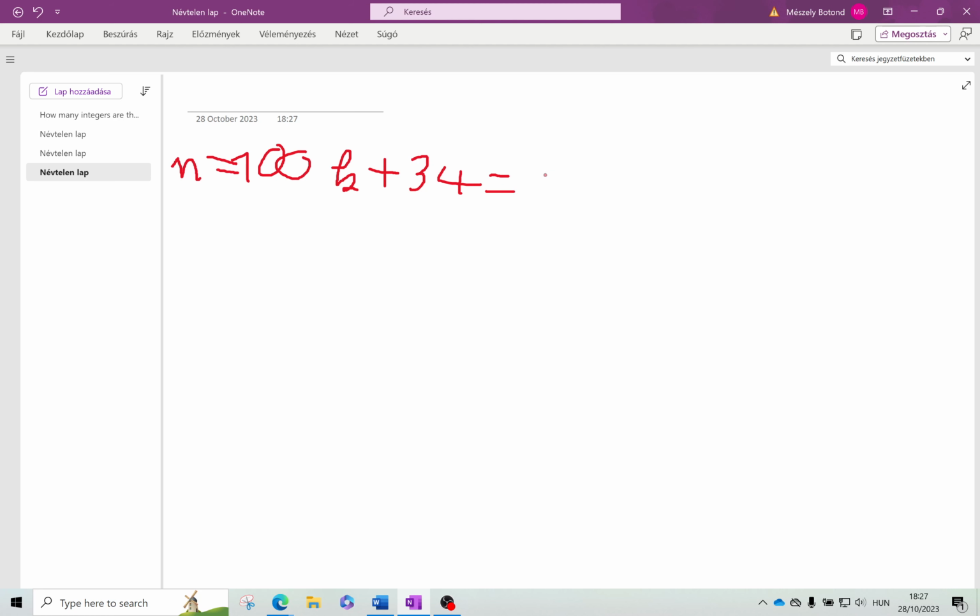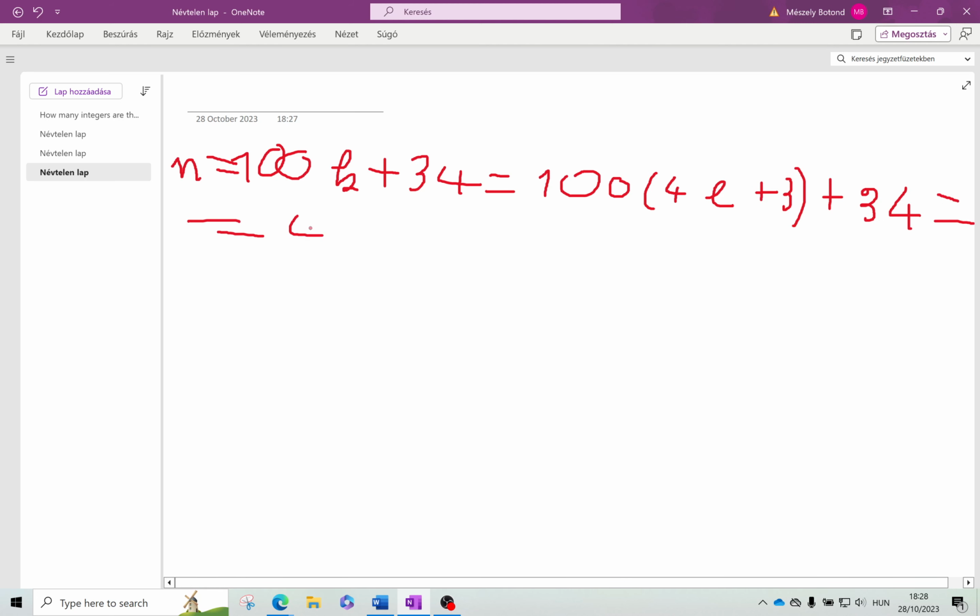And we write it back, so it will be 100 times k, we varied, so 4L plus 3, plus 34, which equals obviously 400L plus 334. So what do we do with this number?